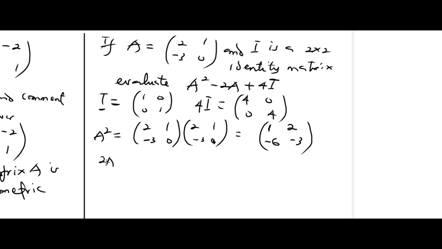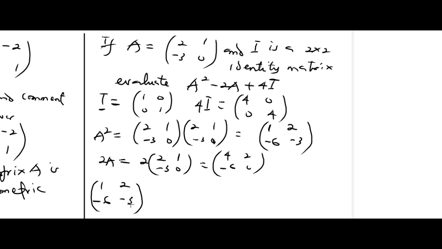Alright, then 2A will simply be 2 into 2, 1, negative 3, 0. That will be 4, 2, negative 6, 0. So bringing everything together, A square will now be 1, 2, negative 6, negative 3, minus 2A will be 4, 2, negative 6, 0, plus 4I.